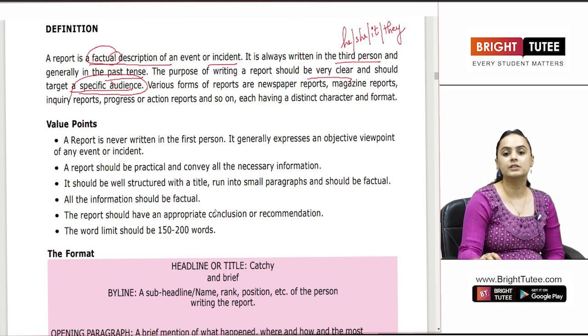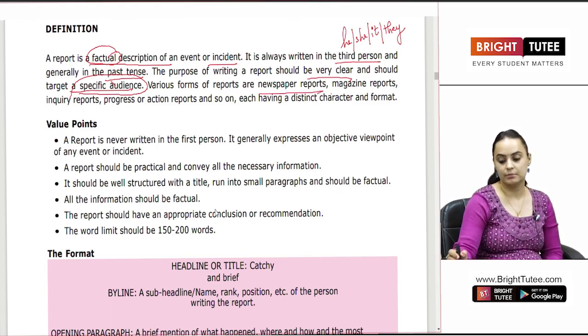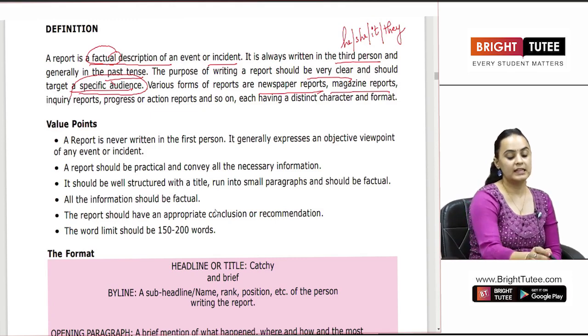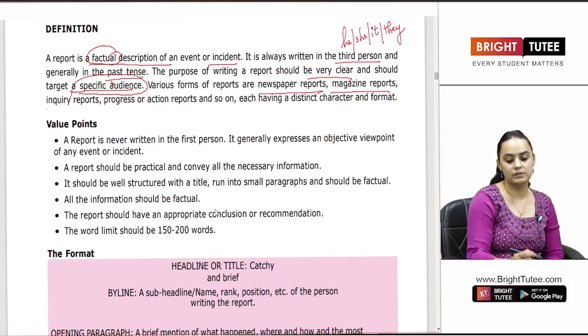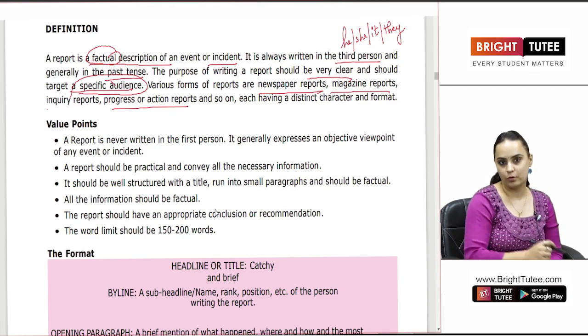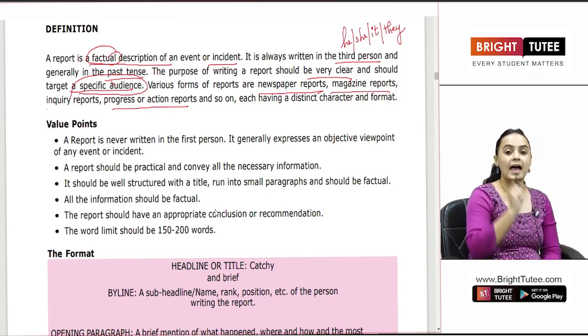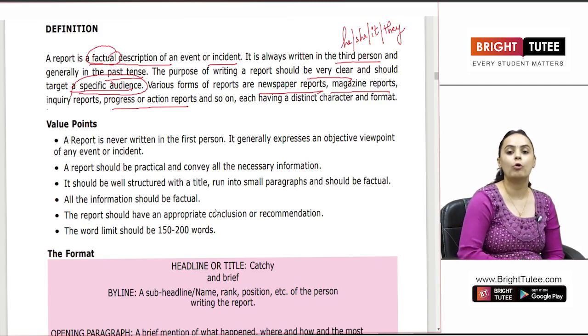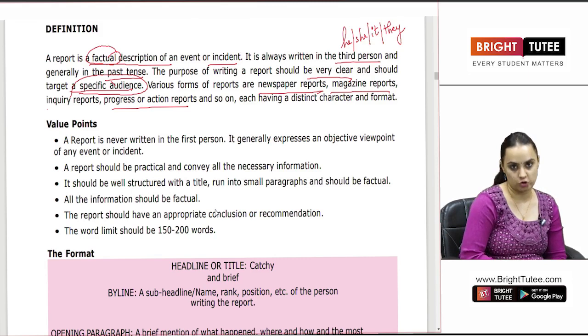There are different types of reports, such as the newspaper reports, the magazine reports. There are inquiry reports, then there is a progress report like you get for your report card, and so on and so forth. And every report has their own character, every report has their own feature.